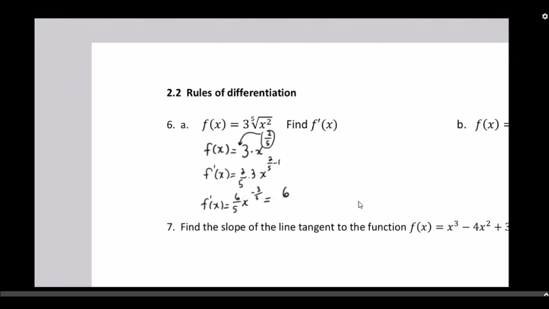So 6 over 5 times x to a power of 3/5. And then to finish that off in radical notation, it'd be 6 divided by 5 times the 5th root of x cubed.